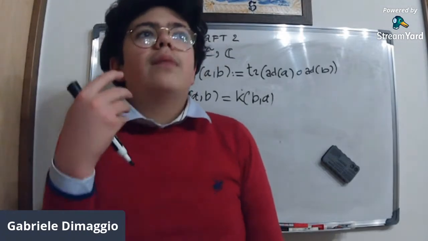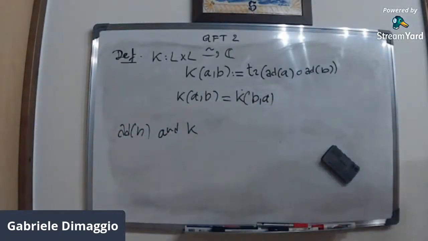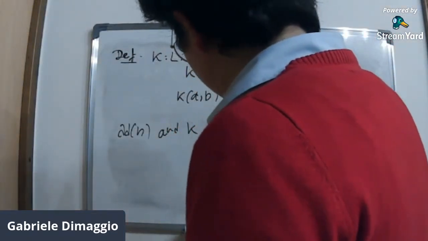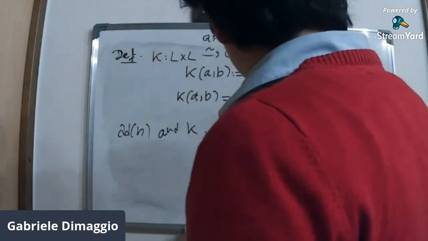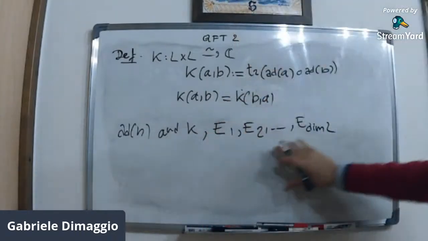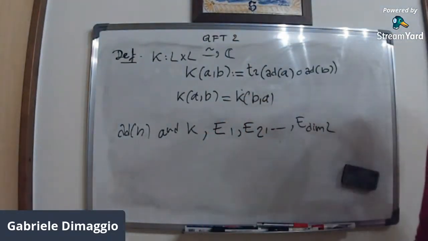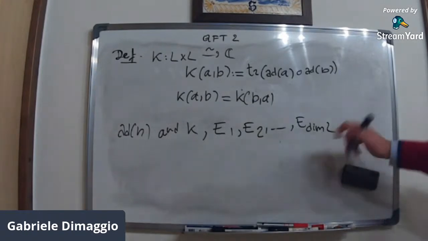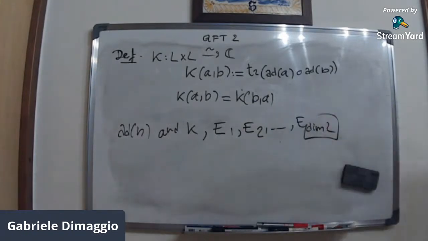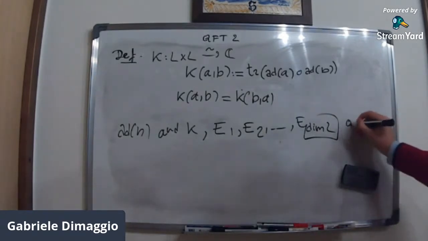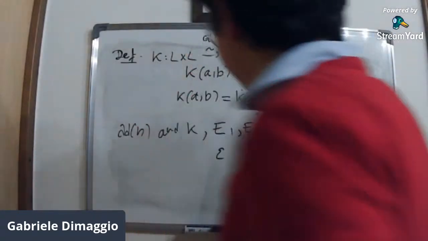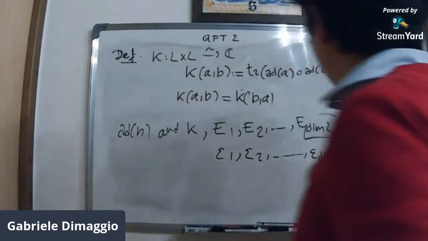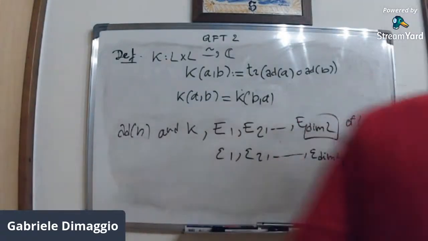With respect to some arbitrary basis. So I choose a basis E1, E2, until E dimension of L. I don't know what the dimension of L is, so I index with the dimension of L. And then epsilon, a basis of L dual, the dual vector space.